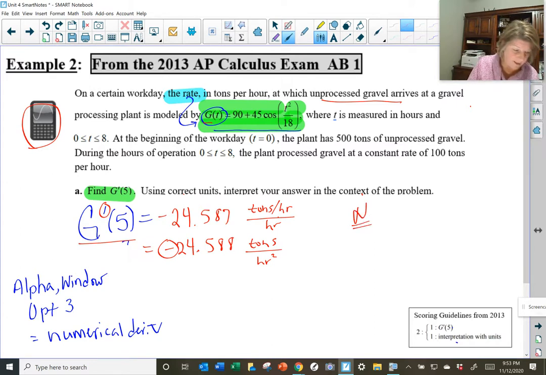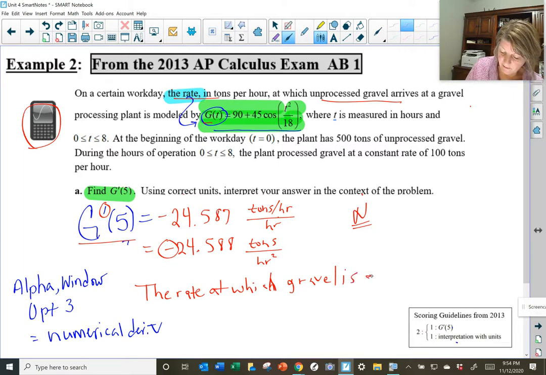So the noun would be, we're calculating on a rate. The rate at which gravel is arriving at the plant.